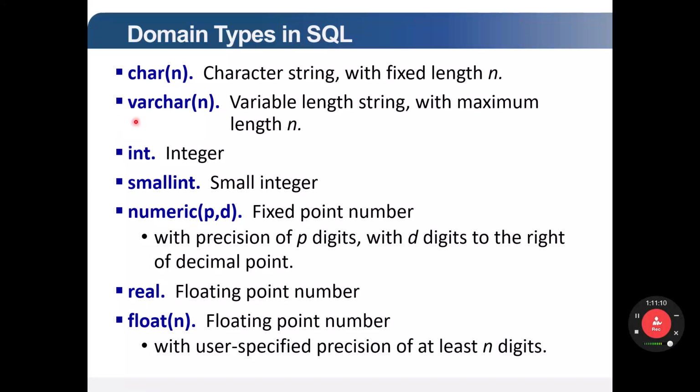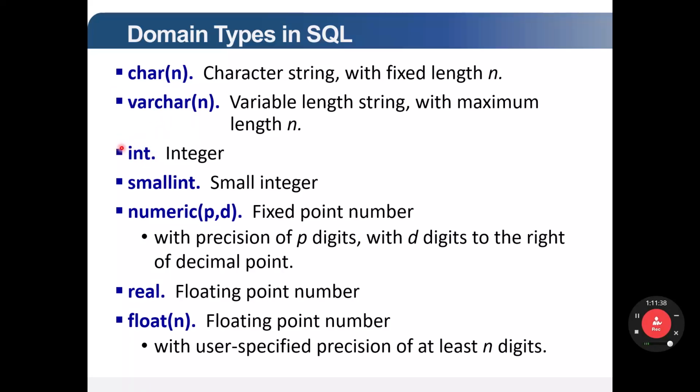But if you declare that attribute as varchar type of 100, then it can store a maximum of 100 bytes. If the actual value stored in that attribute uses like 10 bytes, then the DBMS will save 90 bytes. It will only use 10 bytes. That's the difference.